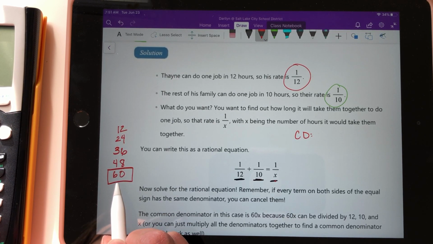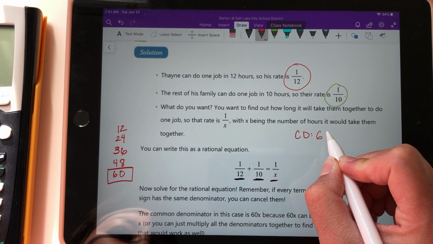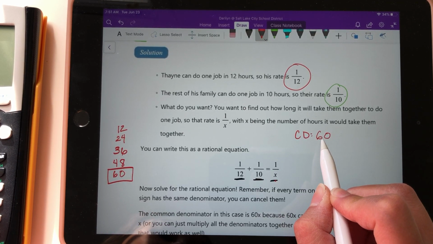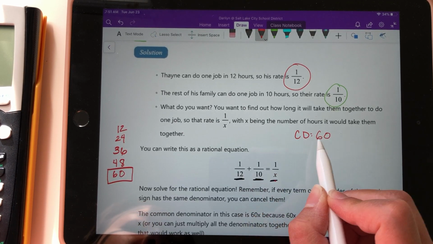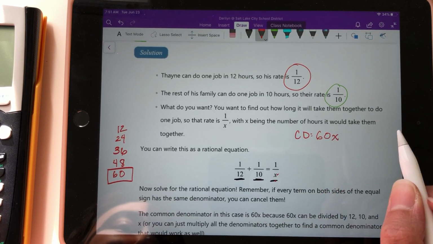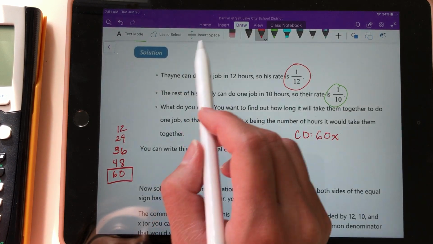So we know that our common denominator is going to have a 60 in it because that's the lowest common denominator, the smallest number that can be divided by both 12 and 10. And then we also have to make sure that the X is in our common denominator as well.